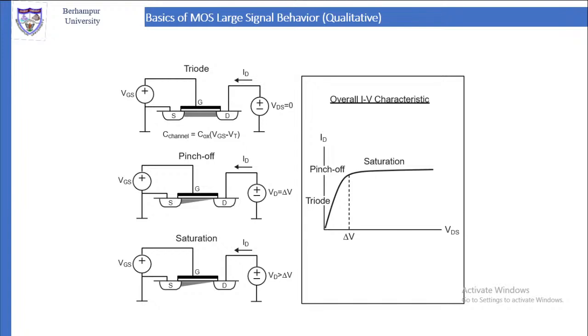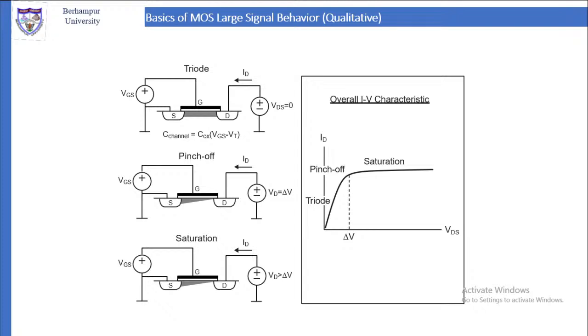There are three conditions in which the transistor can act. It acts like a triode, in which when you give the input, the output is amplified. So you give the input and get an amplified version of the output. Then there is a pinch-off region. In the pinch-off region, the input is not amplified, it is attenuated; it acts like a switch in the off state.